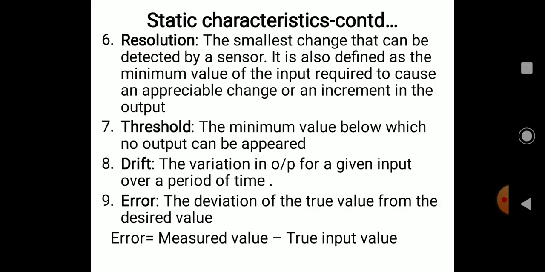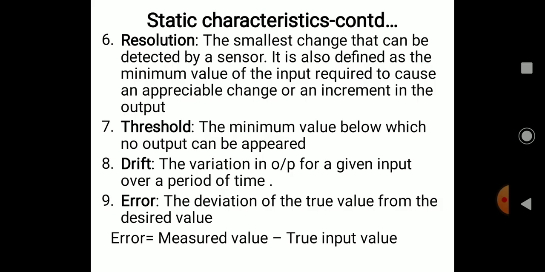After 3 or 4 months, if you take the same input values, that is 1, 2, 3, 4, 5 bar, you will not get the same values as you got before. So that means the instrument has got some kind of drift, as it is called, that is, the output values will not be the same as previous values for a given input. That is called drift.